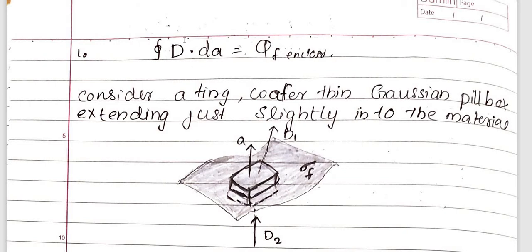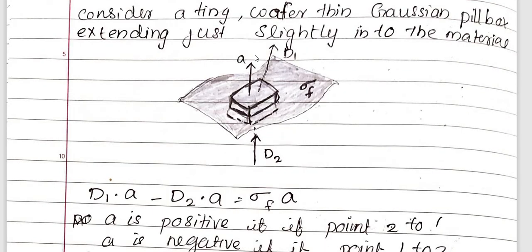For that, let us take the equation D dot dA is equal to Qf enclosed. There are two surfaces, the upper surface and the lower surface. In the upper surface the displacement vector is D1, and in the lower surface the displacement vector is D2.